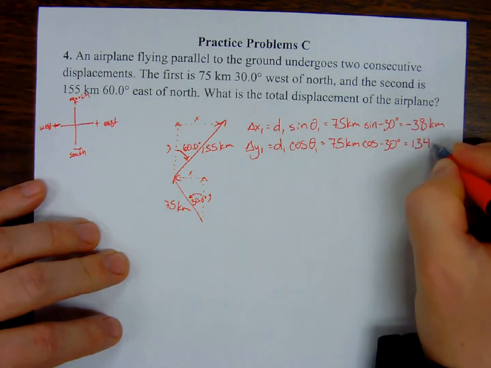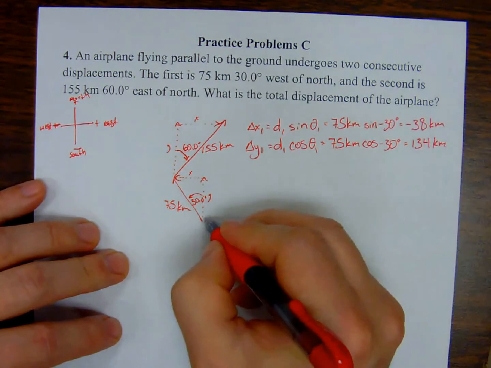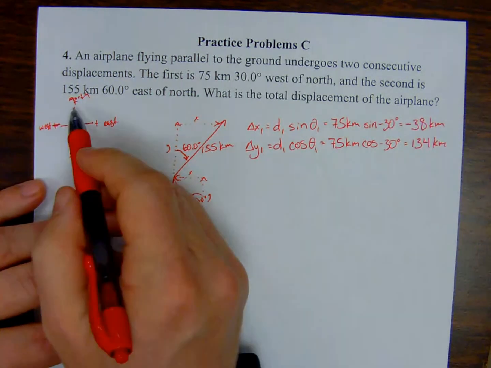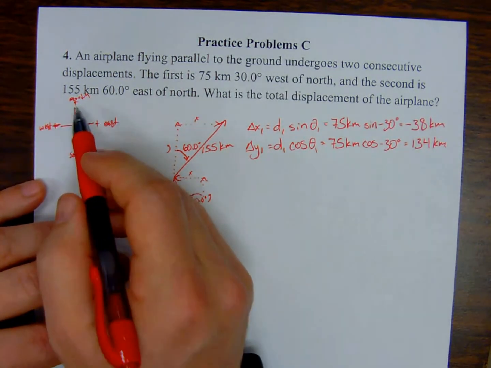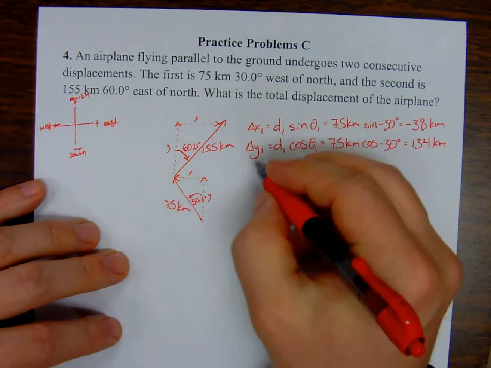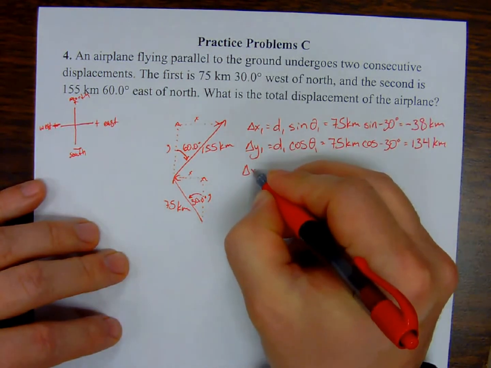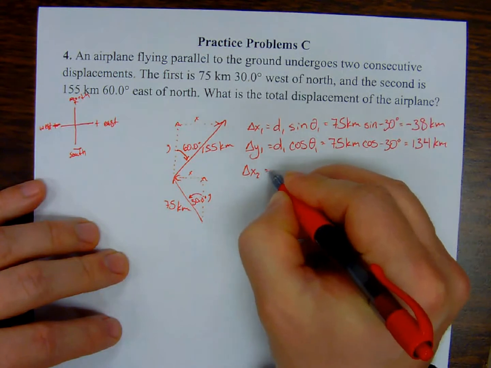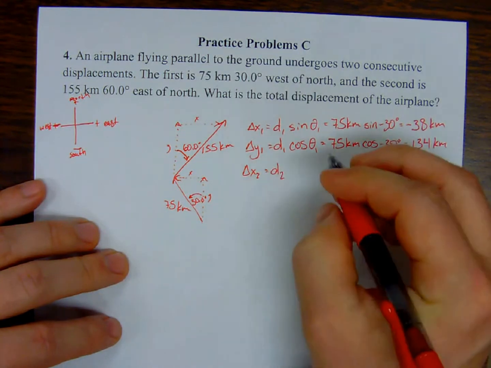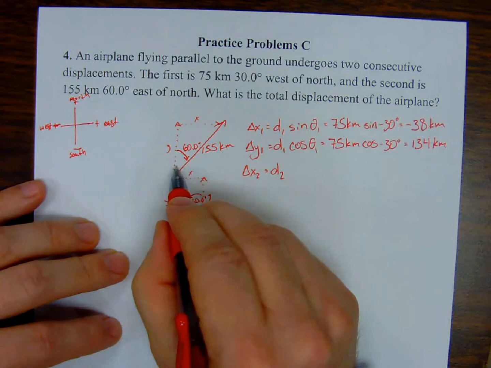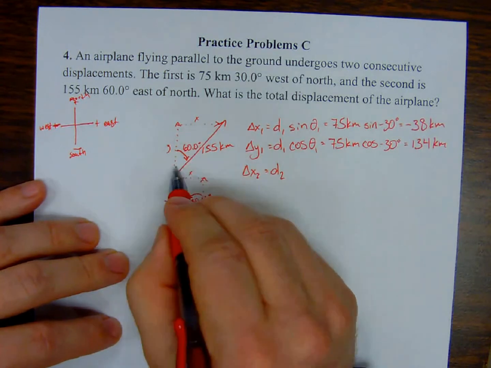So let's try the second triangle. Again, here's that 60-degree angle. X here is opposite, right? Opposite over hypotenuse. So it's going to be sine again of the second angle. So 155 kilometers times the sine of 60 degrees.